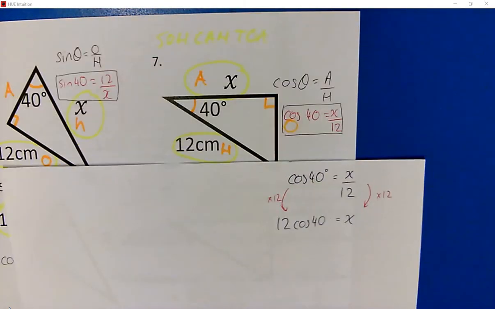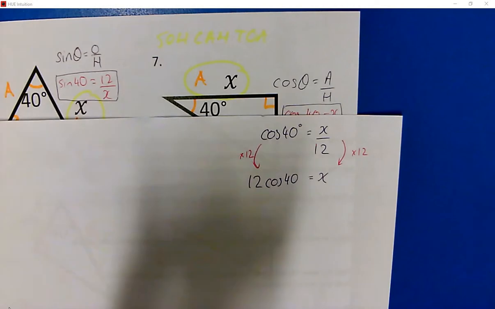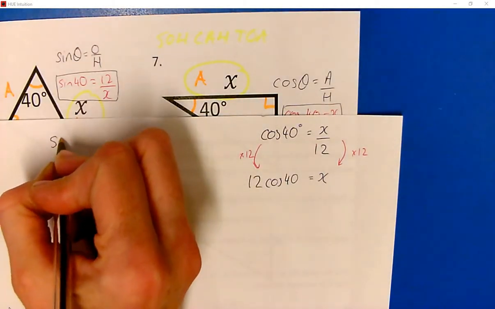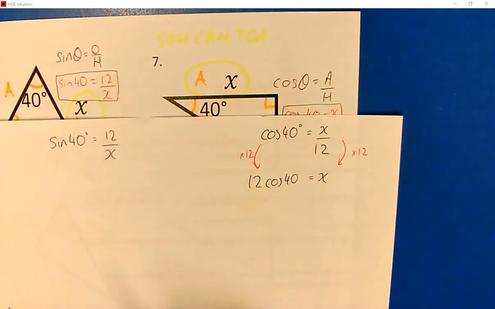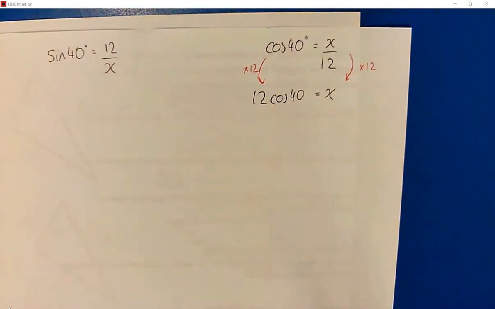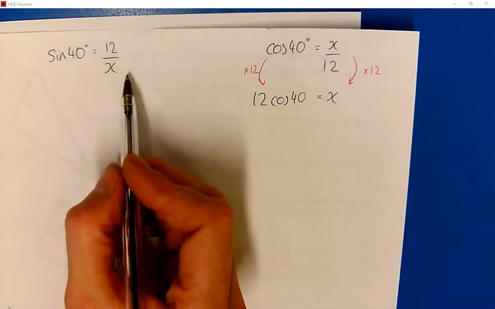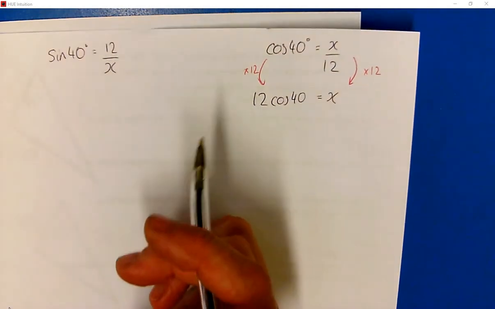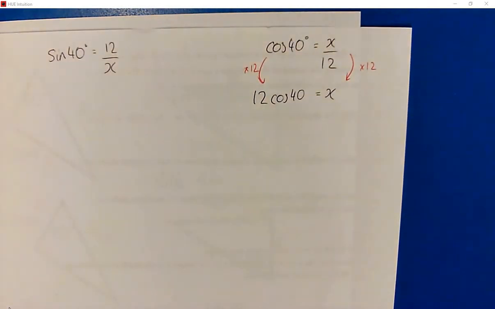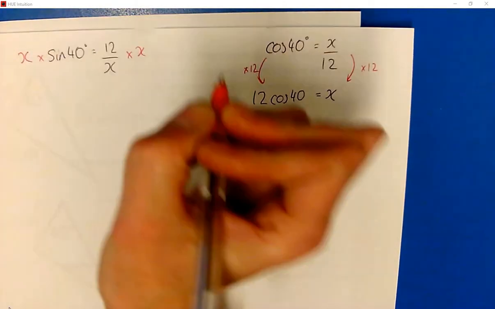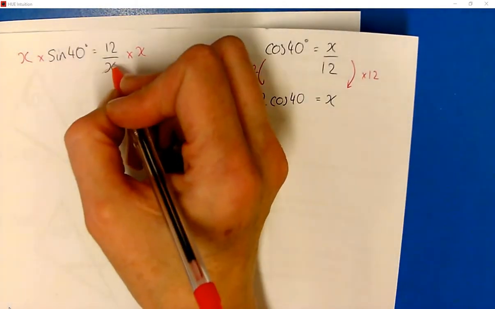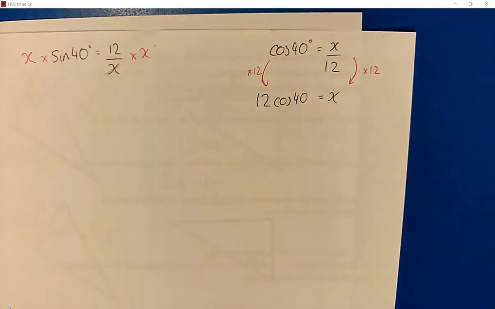Right, let's look at the sine one here instead. So we've got sine of 40 is 12 over x. Now this one's less pleasant because we have x as a denominator and we never know what to do with that. So what we do is we multiply both sides by x, and then that cancels the denominator and we don't have it anymore.